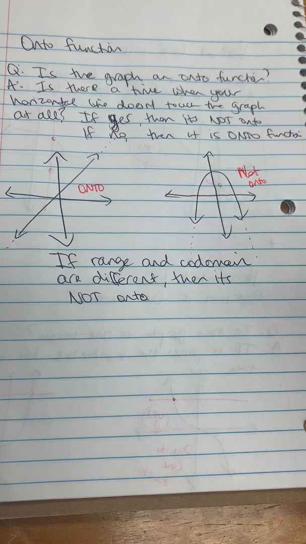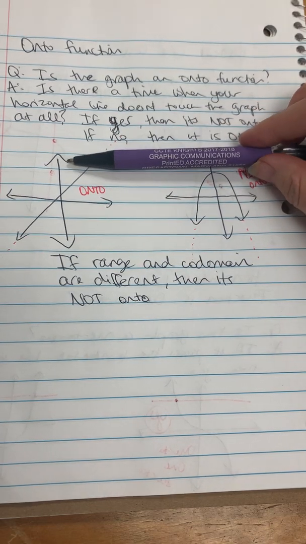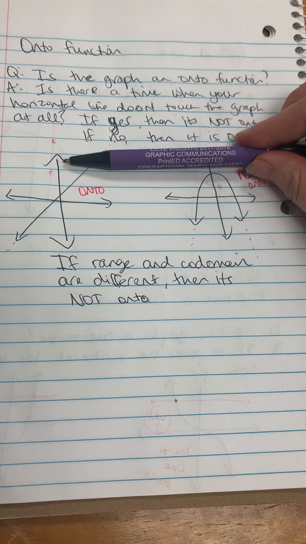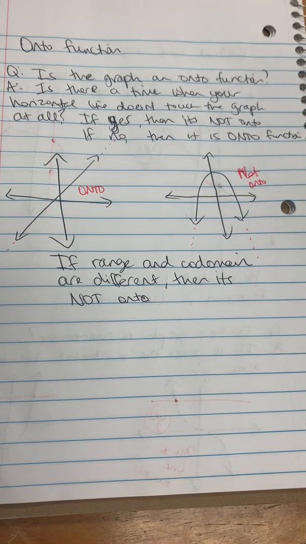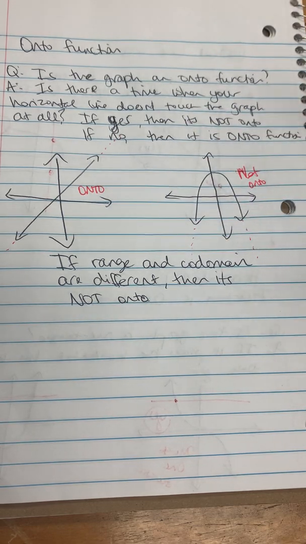So if you're told at the beginning that your codomain has these restrictions, and you know that going in, then it can still be onto. But if you're not told, then you're supposed to assume that it should touch it the whole way. So we'll go over examples about that too.